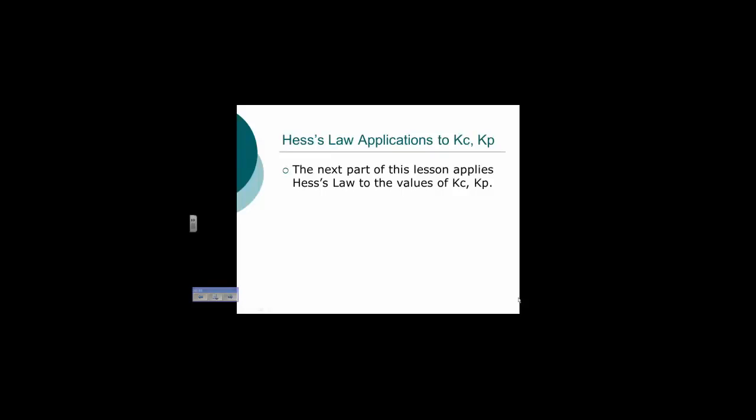So I'm looking at a Hess's law application, but not in terms of heat energy, in terms of K constants, either Kc's or Kp's. So the next series of slides are looking at applications of Hess's law. For instance, the direction of a chemical equation and the K constant, the equilibrium constant.